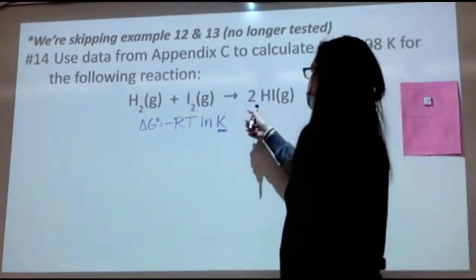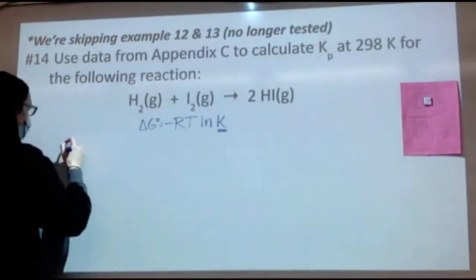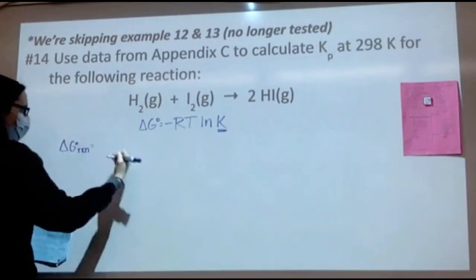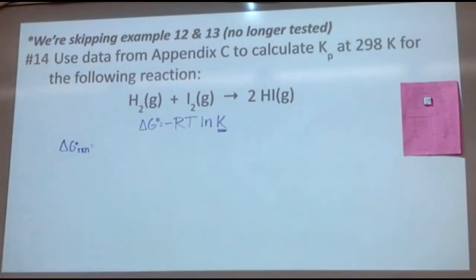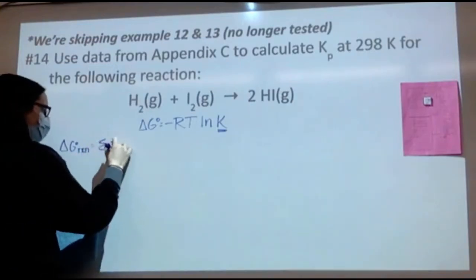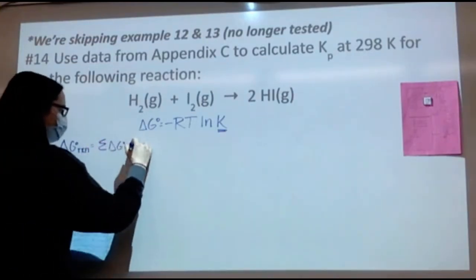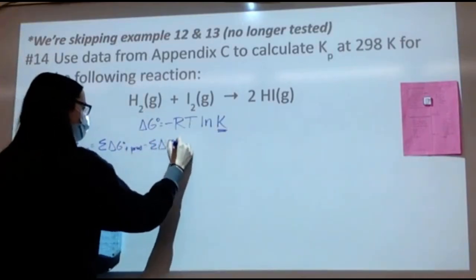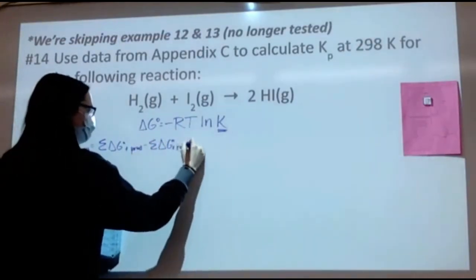So here's my balanced equation. The first thing I need to solve for is delta G of the overall reaction. Another equation on your equation sheet is the sum of the free energy of formations of products minus the sum of the free energy of formation of reactants.